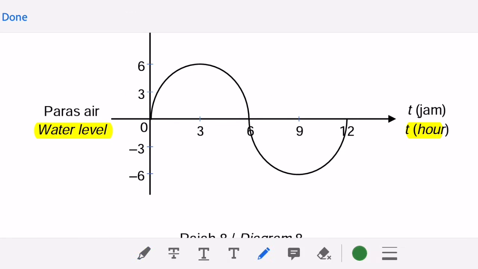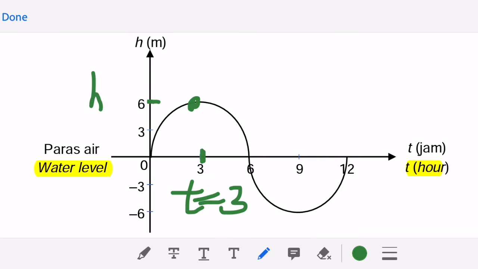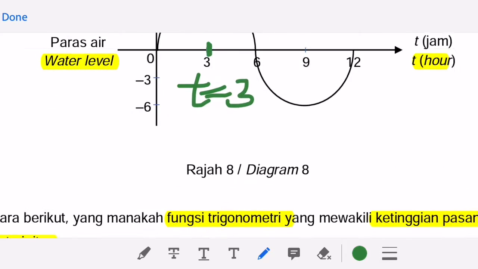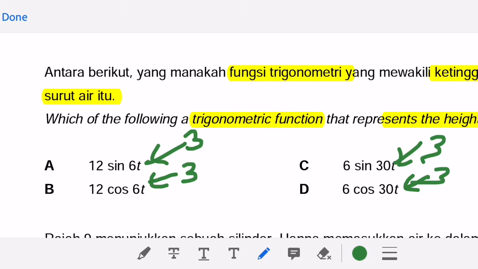So the height is here, right? We have 3 here, and here is 6. So let's try to substitute. The time is 3 and we get the height is 6. So we go through all the options and substitute 3 in each. So this is 12 sine 6 times 3, which is 18.